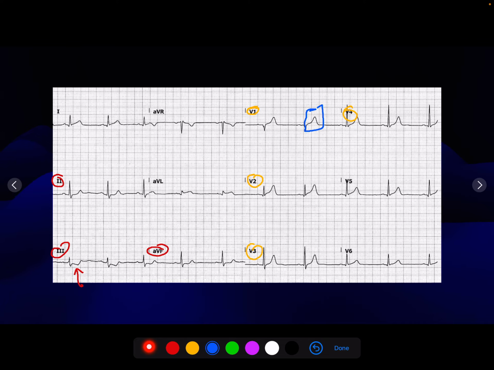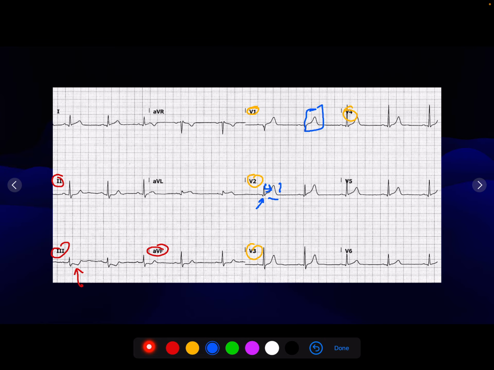All right, but we also notice that these T waves are pretty wide and pretty tall in comparison to the preceding QRS complexes, and you have this asymmetry to them. So we are in fact looking at hyperacute T waves. This is much more subtle than the last 12 lead ECG, but these are hyperacute T waves nonetheless.